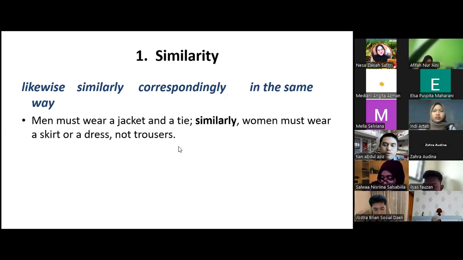There are two similar sentences, so we join those two sentences by using similarly, okay? Because they talk about similarity.